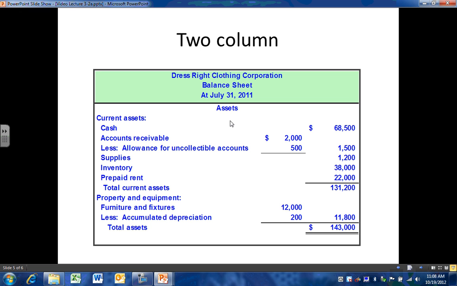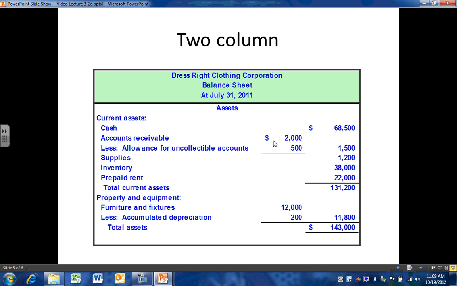In textbooks, particularly principal textbooks, you will often see a two-column approach to the balance sheet. In the two-column approach, items that have valuation associated with them, that is, contra accounts, are presented in the left column.